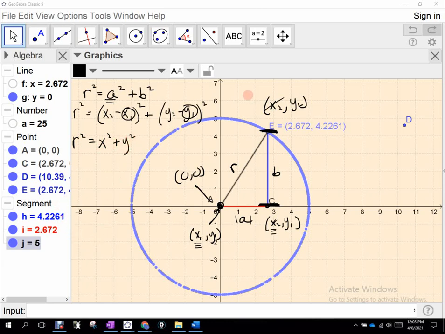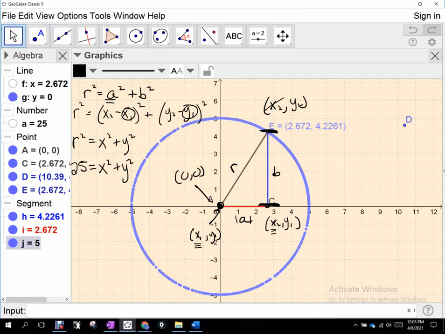Now, let's talk about our specific question here. You remember how big I said that r was here? It was 5, so r squared would be 25. If I go 25 equals x squared plus y squared and type that in as an equation, that's what we call an implicit equation, because x's and y's are together on the same side.